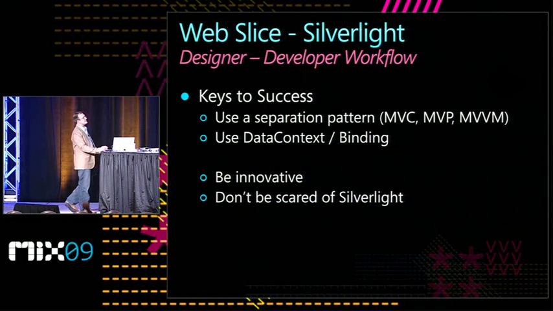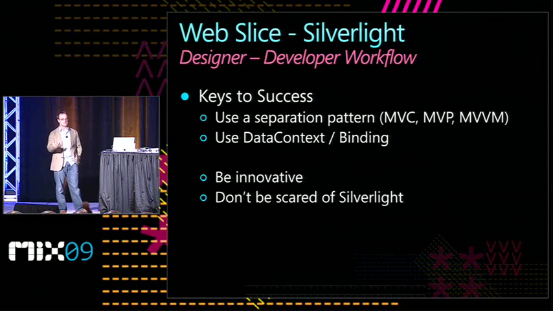So the keys to success, I think, in that workflow is the separation pattern that I just referred to. But the other part of it is using things within Silverlight like data binding to improve the separation of textual content on a page and how that content is massaged or how that content is organized on the backside. The other thing that I think is really important in this process is just not being scared of Silverlight or not being scared of using interactive technologies.